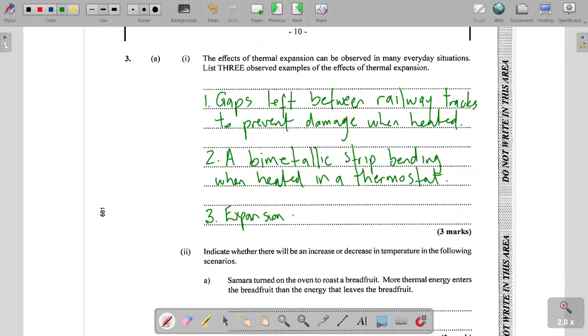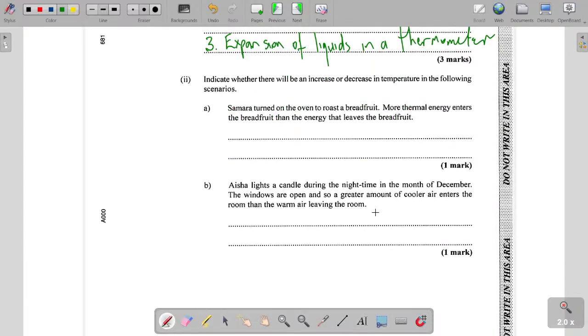So expansion of liquids in a thermometer. Alright, so the expansion of liquids in a thermometer, that is also an observed example of thermal expansion. Alright, let's move on to the next question.